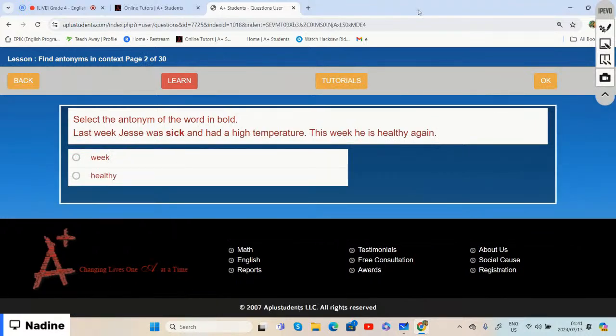The next one says, last week JC was sick and he had a high temperature. This week he is finally healthy again. What is the opposite of sick? Is it weak?